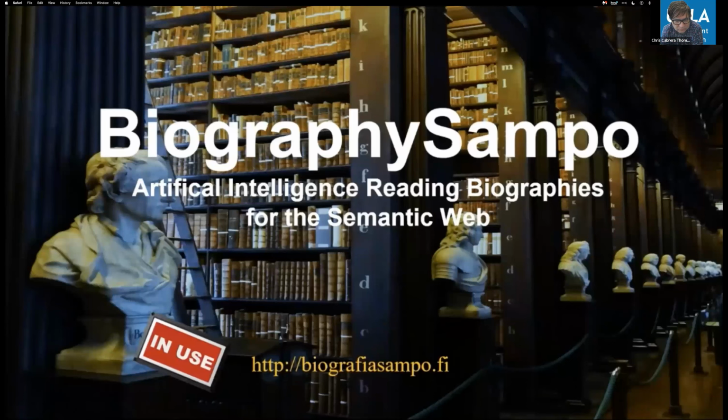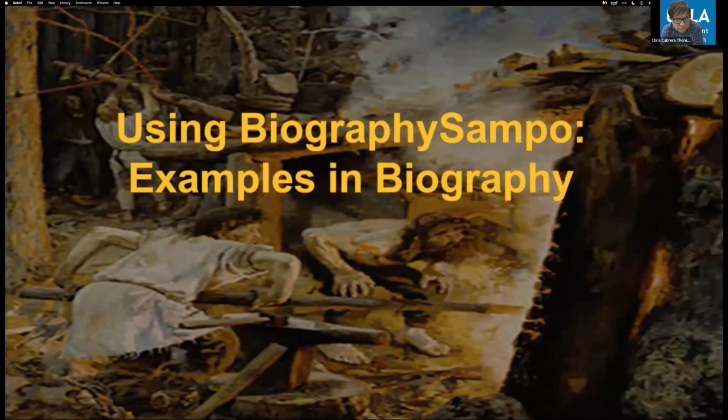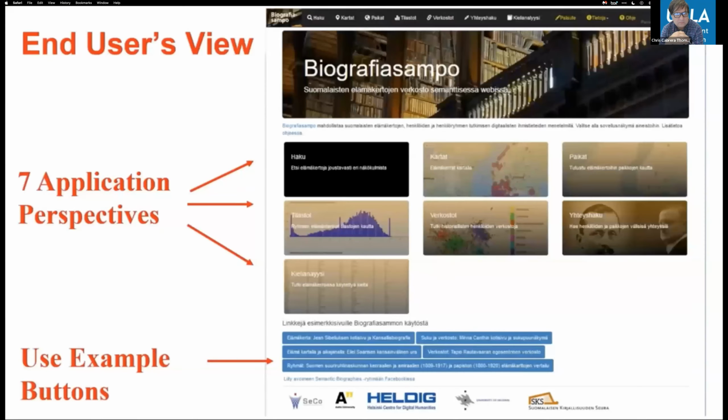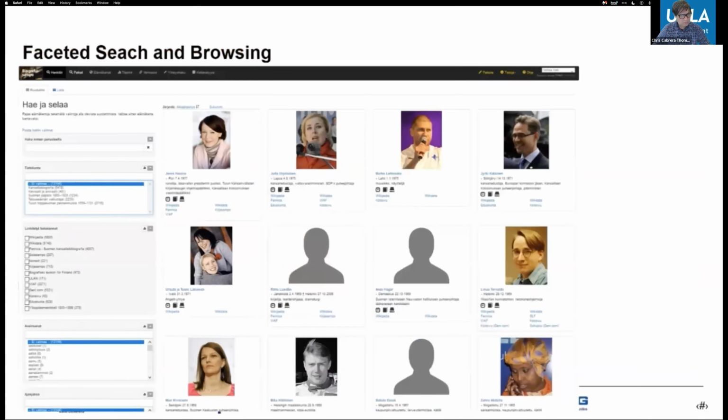Biography Sampo is a semantic portal that includes 7 application perspectives for using the underlying linked data knowledge graph. By clicking on the first perspective, a semantic faceted search view is opened for finding a protagonist or a group of them in flexible ways.